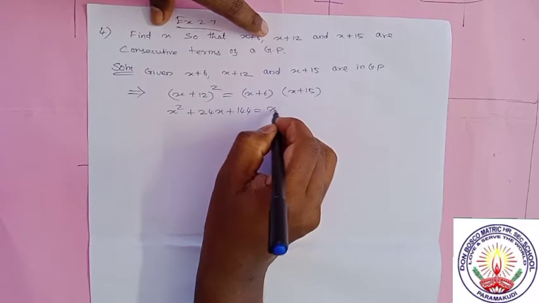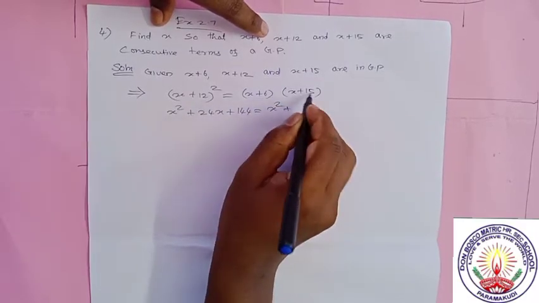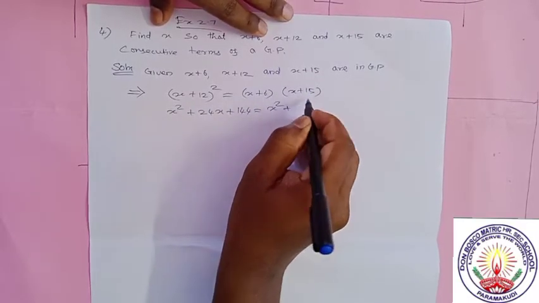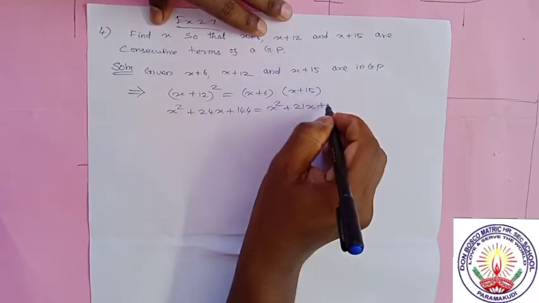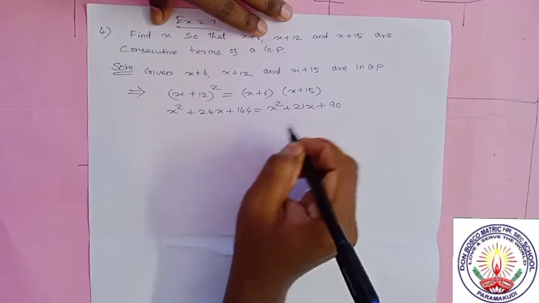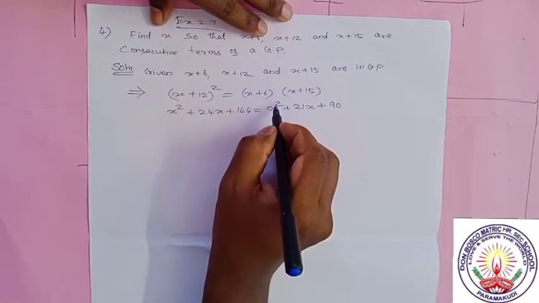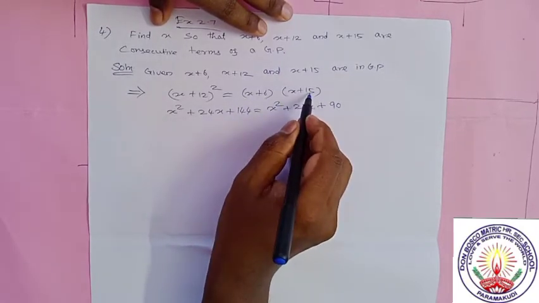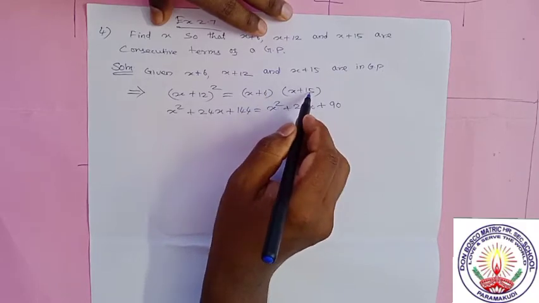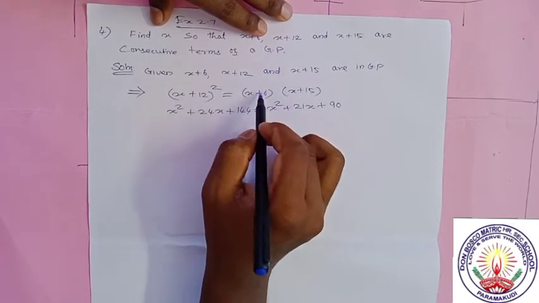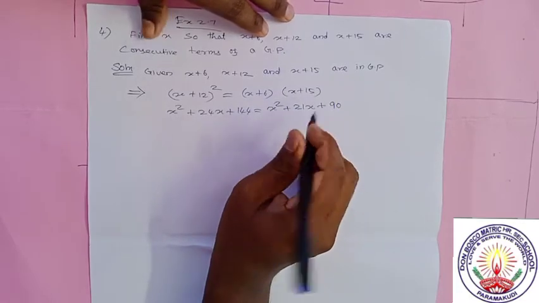So a plus b means 6 plus 15, 21, so 21x, plus ab means 6 15s are 90. Or you can multiply x into x, x square, x into 15, 15x, 6 into x, 6x, plus 6 into 15, 90. Then you add 15x plus 6x, it will become 21x.